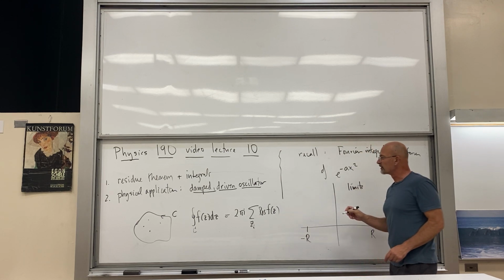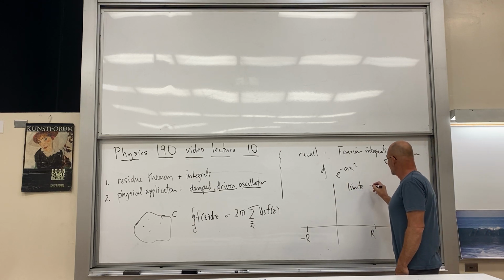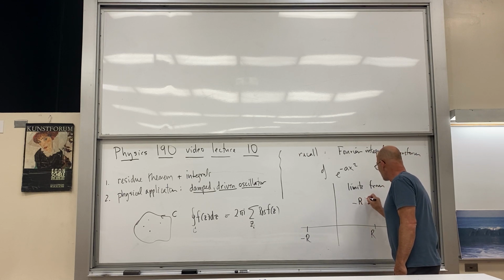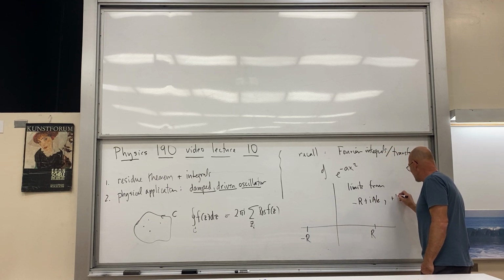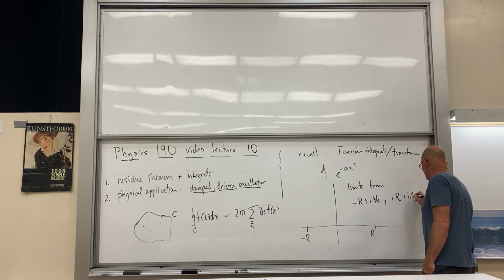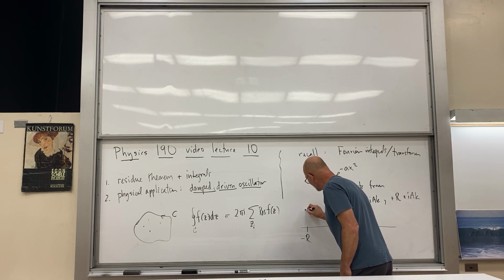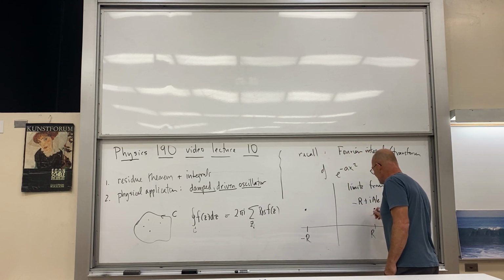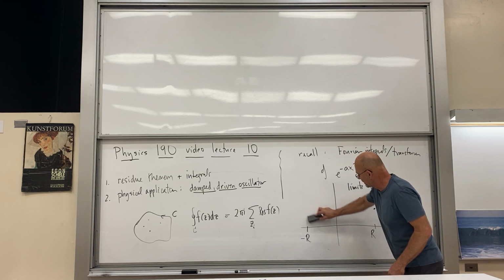So this was in the very first lecture that we did here, as well as our work last semester. Limits of integration from minus R plus i, some constant k, to positive R plus i, some constant times k. Look up what the constant was. Point is, we were here and here. Make that look more symmetric.